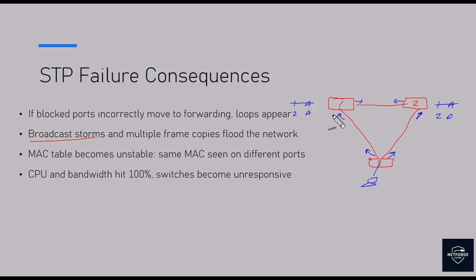Then this is going to send it this way. Switch 3 knows that the port connected to A is that, but now it is receiving the broadcast from here, so it is going to update the MAC address table. So it is going to happen on and on and on. It just goes with 1A, then deleted to 2A, then deleted, and on and on. So this is called MAC address flapping.